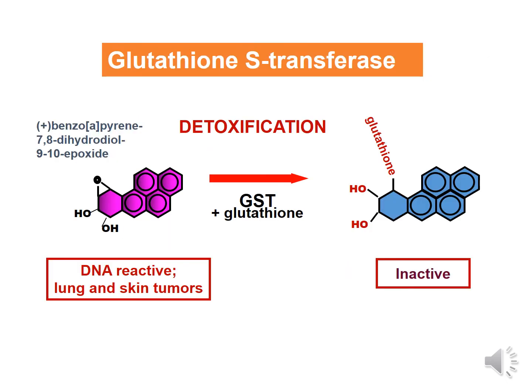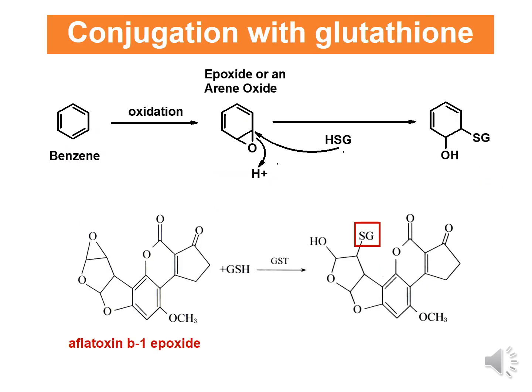You can see the detoxification of epoxides. This epoxide is DNA reactive and active in causing lung and skin tumors. So by glutathione transferase, this epoxide is converted to an inactive product by binding with glutathione. You can see examples of conjugation with glutathione.